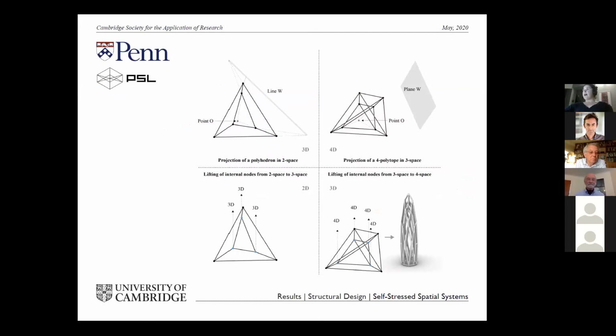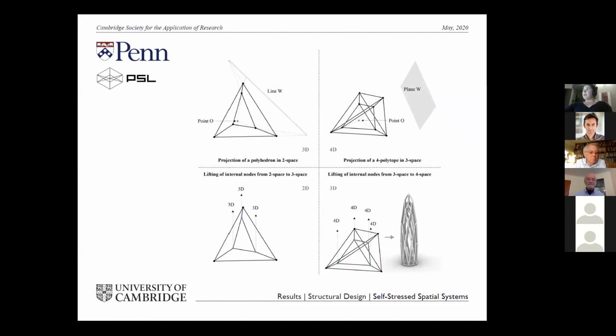However, there are also other ways that we can do that. This is a part of my academic secondment at the University of Pennsylvania. On the left, you see some of Maxwell's diagrams from his very important 1864 paper.